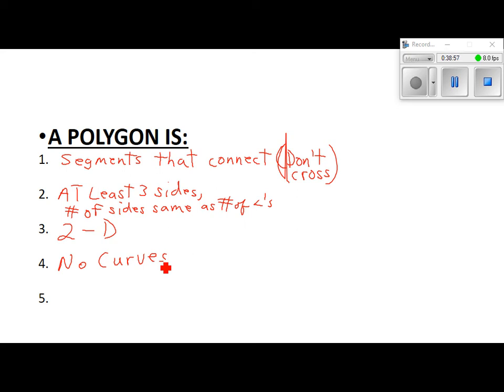What else? The first one said something else also. Have to connect, so the way I'm gonna put that, it's gotta be a closed figure.